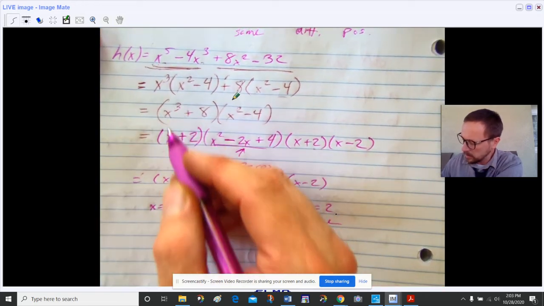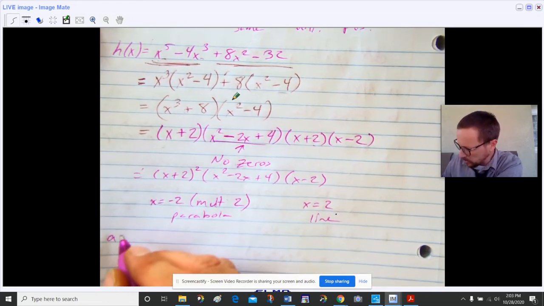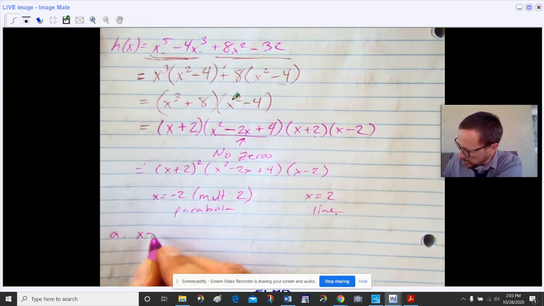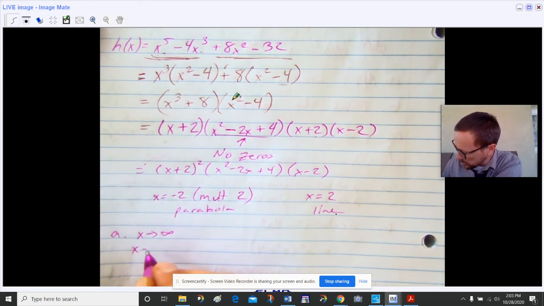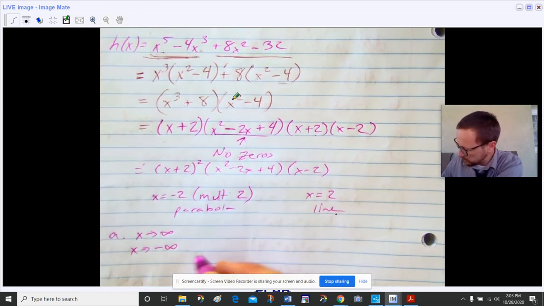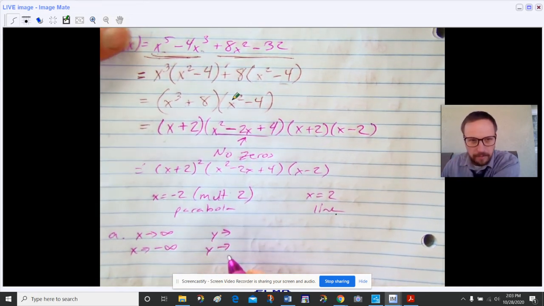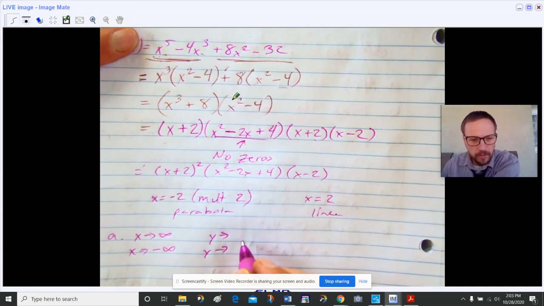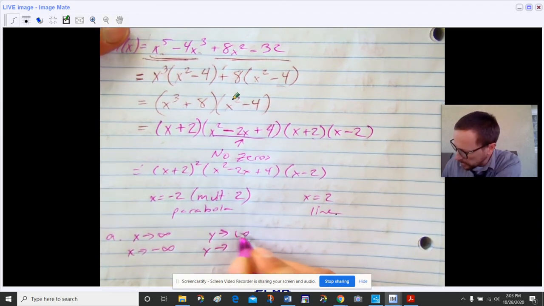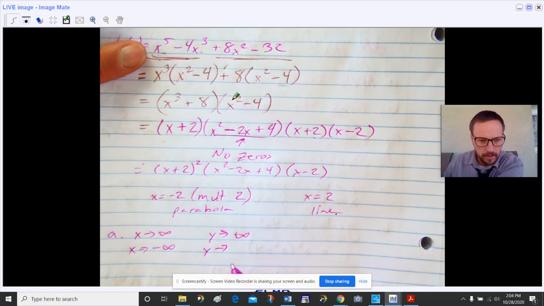But we care about what happens as x approaches infinity and x approaches negative infinity, so we care about that end behavior. Y will approach... okay, look back up here. For the first one, as x approaches infinity, y will approach positive infinity because we have a positive leading coefficient.